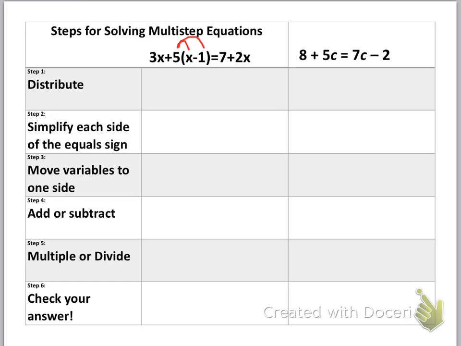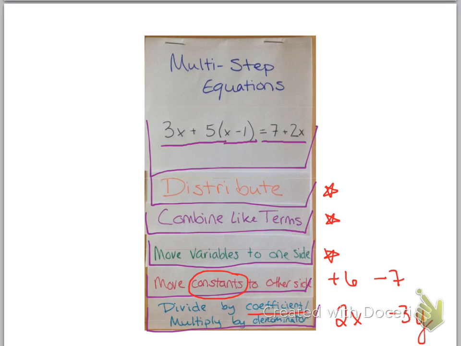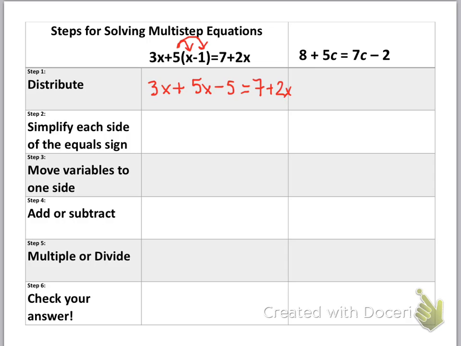So, in that tab, I'd like you to write 3x plus 5x minus 5 equals 7 plus 2x. Write out the actual distribute. So you'll pull up this tab and you'll be writing above the word distribute this work here.